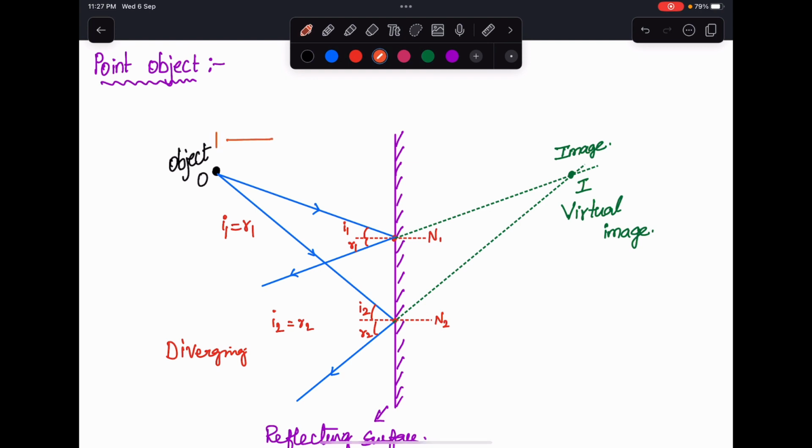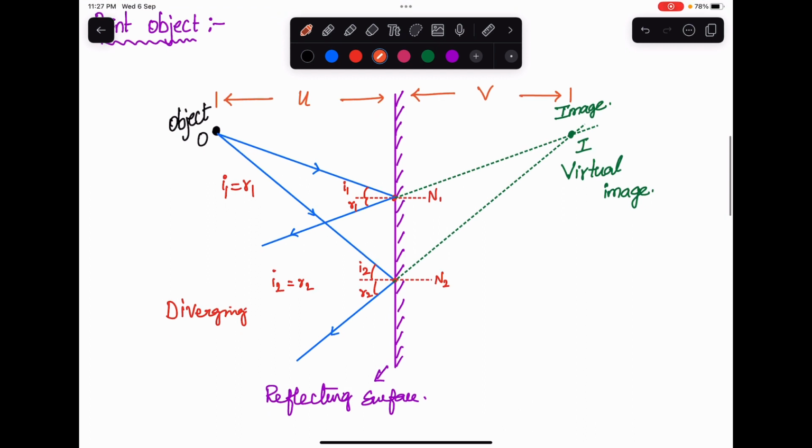The distance of the object from the plane mirror is denoted by U, the object distance, and the distance between the plane mirror and the image formed is denoted by V. So the main characteristic for the image formed by a plane mirror is that object distance U is equal to image distance V. So this is a little bit important thing.